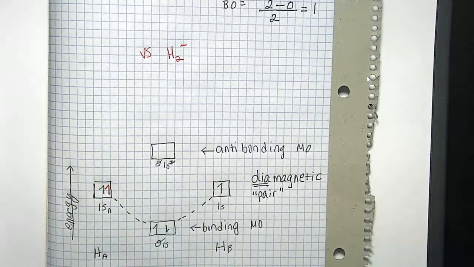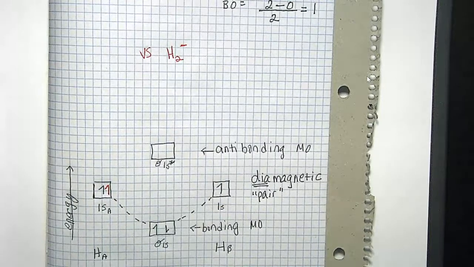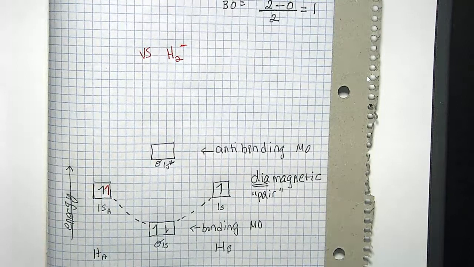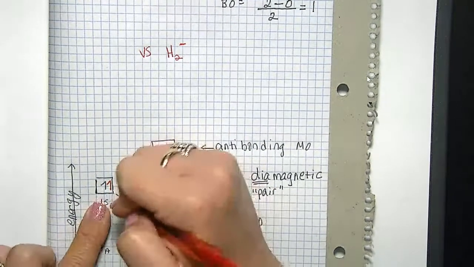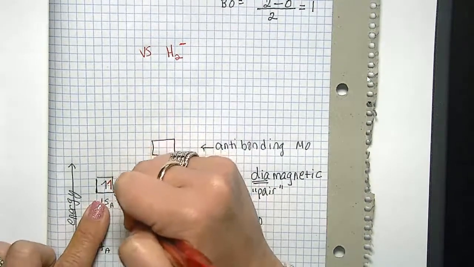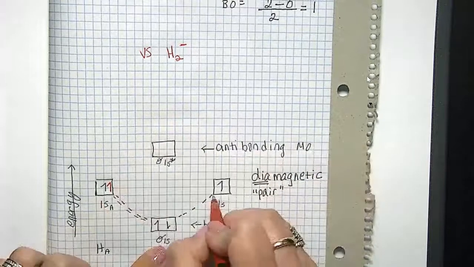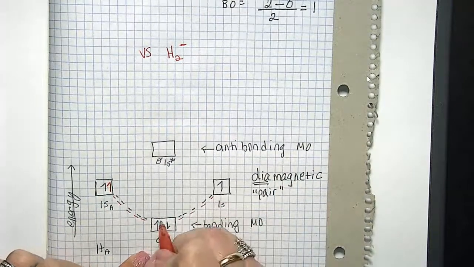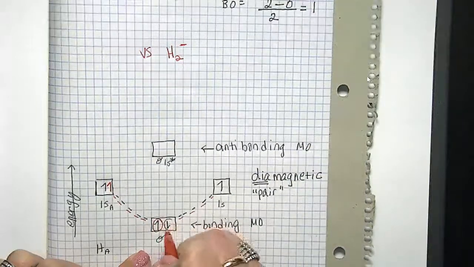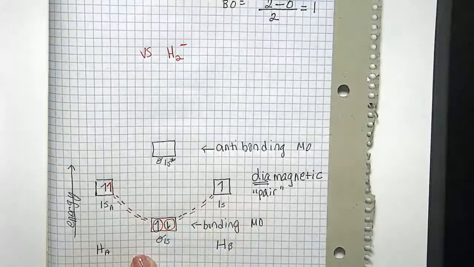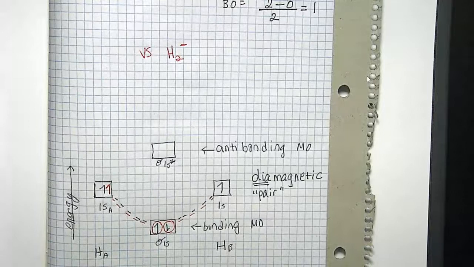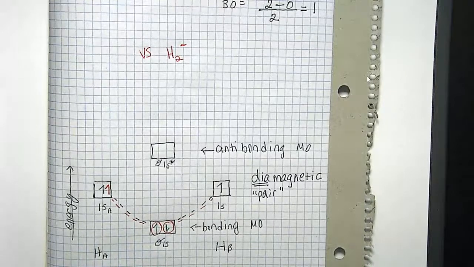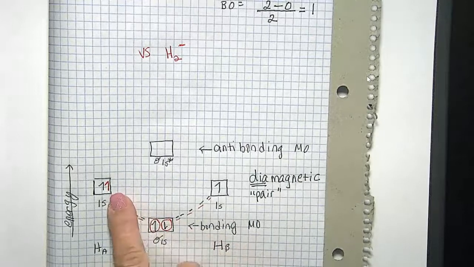It doesn't matter which hydrogen has the extra one. I'm just picking A because I feel like it. Okay? So now what's going to happen? We're still going to have one contribute down here, one contribute down here to make this pair again. Remember, we're in F, so only 2 electrons can be there. But now I have one left over.